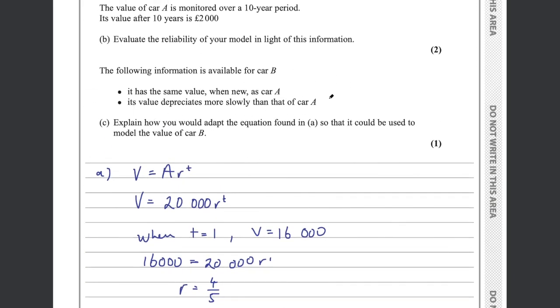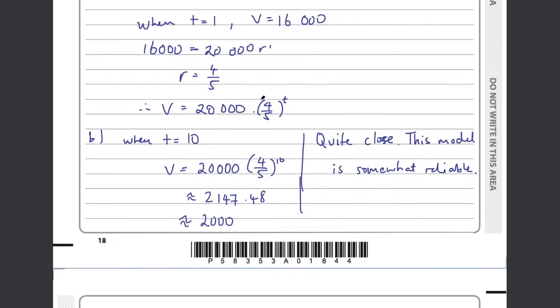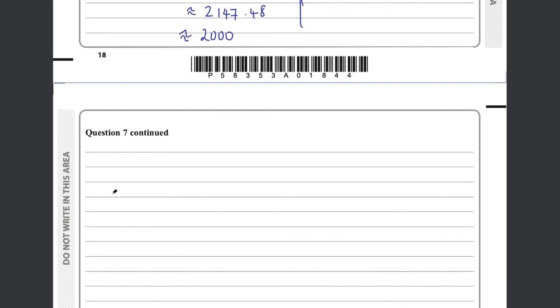So looking at this statement, the value depreciates more slowly than that of car A, this value for R needs to increase. So for part C, I would say in my equation, V equals AR to the power T, the value of R would increase.